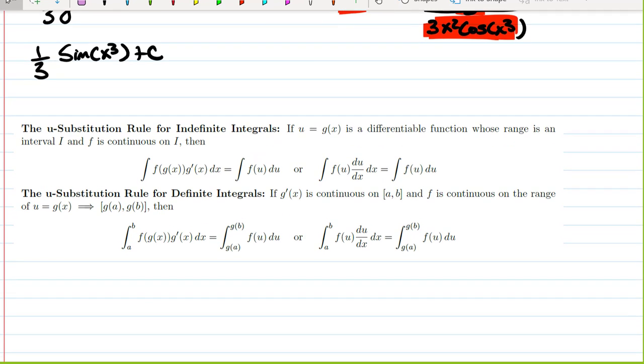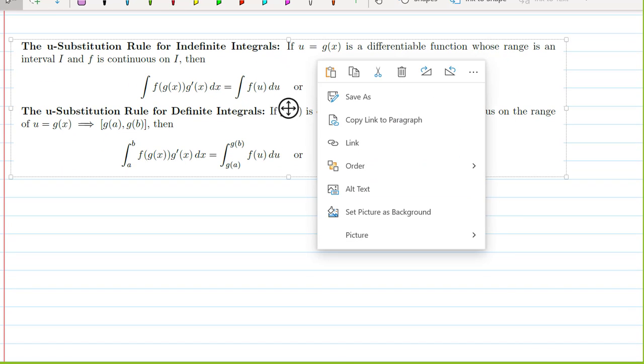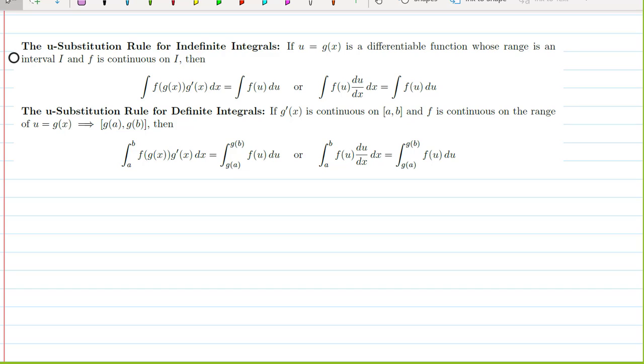The U-substitution rule for indefinite integrals states: if u, which is equal to g of x, is a differentiable function whose range is an interval I and f is continuous on I, then the integral of the composition f of g of x times g prime of x dx is equal to the integral of f of u du, or the integral of f of u du dx times dx.